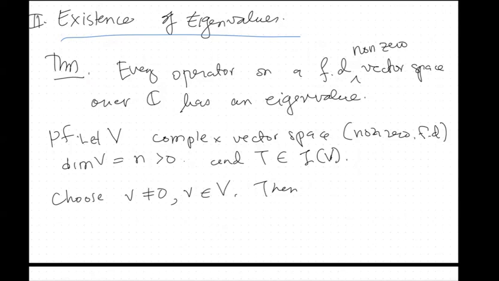Then look at the operator applied to v. So here we have v, T of v, then T squared of v, and then T to the n of v.